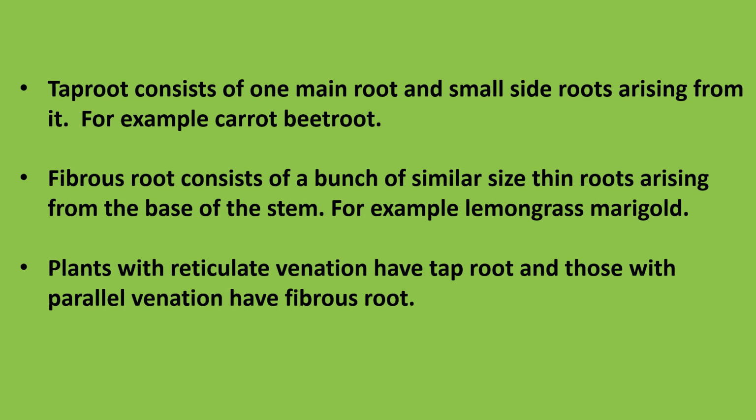Plants with reticulate venation have taproot, and those with parallel venation have fibrous root. So this has already been explained. Some plants have reticulate venation and they have taproot, and the plants which have parallel venation have fibrous root.